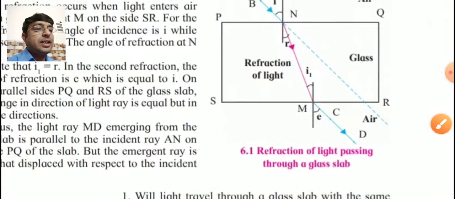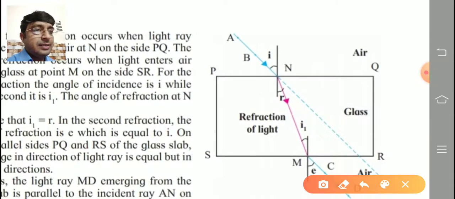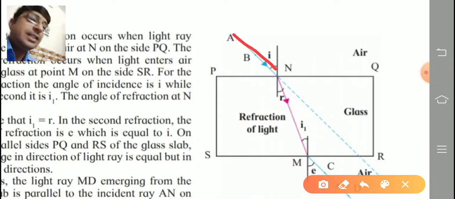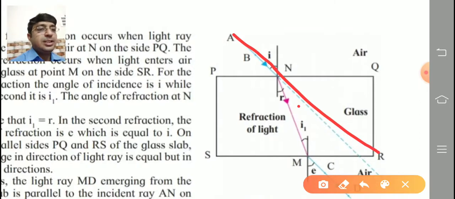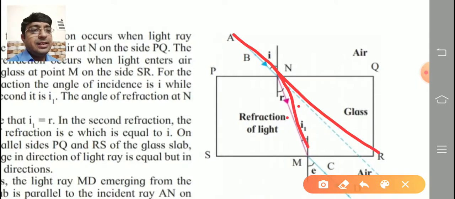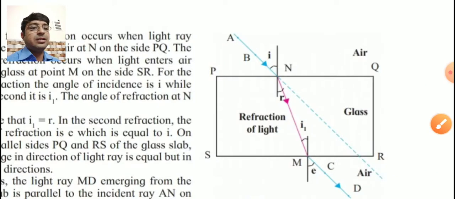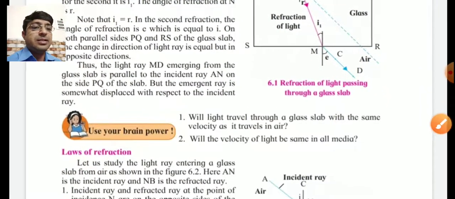So we observe in the diagram that the incident ray AB is not passing through the glass slab in a straight line. Instead, it bends towards the normal, and this bending is called refraction of light. That concept we learn in this lesson.